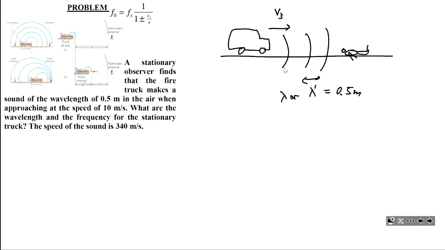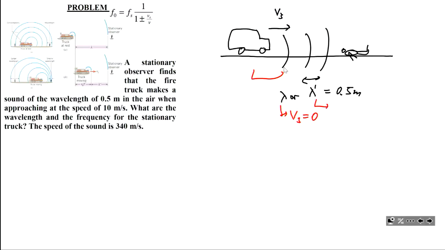When we measure wavelength, a moving observer or a resting observer would measure the same result, but the source changes the wavelength. So this variable represents a situation when the source is not moving.